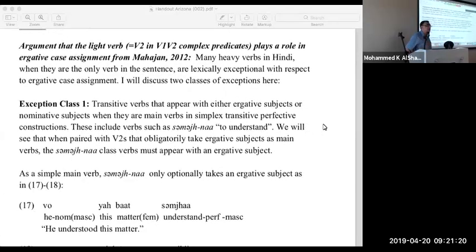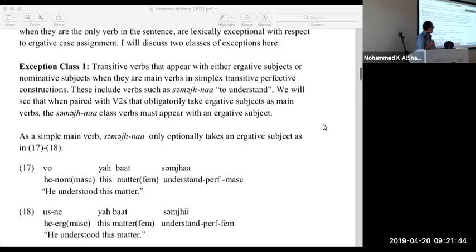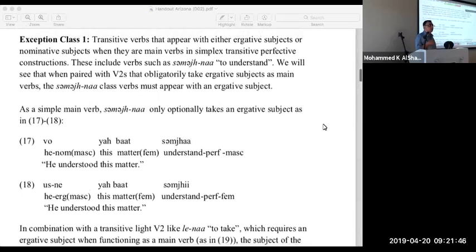While it is true that transitive perfectives usually take ergative subjects, there are exceptions to this in Hindi that are sometimes noted, but they're sort of cataloged and people don't worry about them. But I found a use for those, in the sense that those exceptions let us ask where the ergative case comes from.